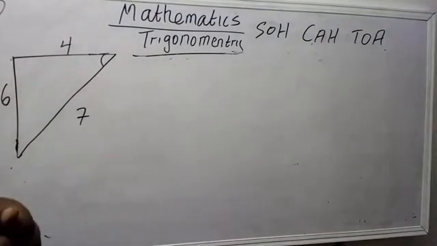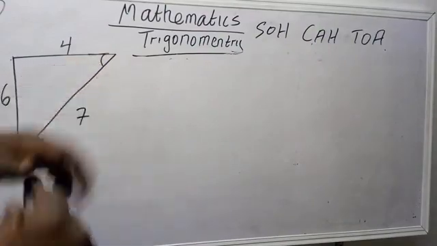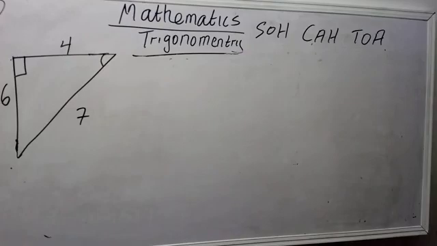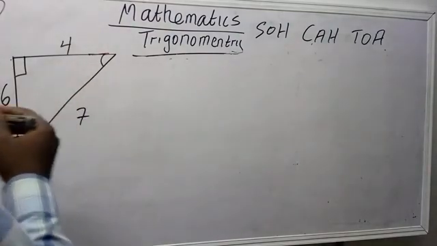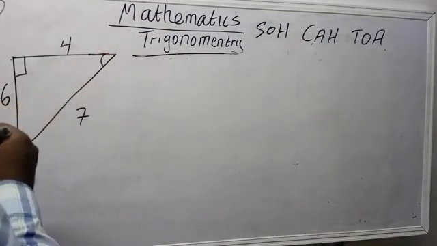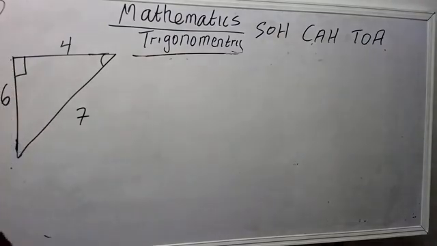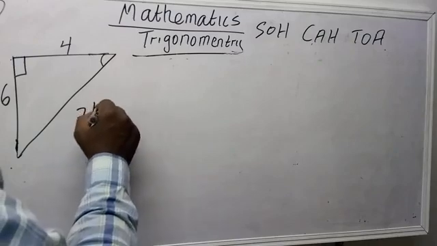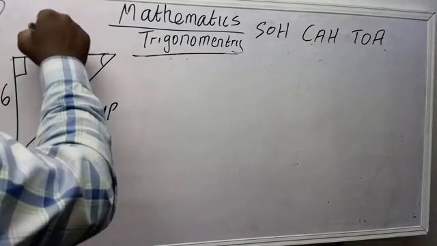This is a right angle triangle, 90 degrees. Anywhere this angle is facing is always called the opposite. This is the hypotenuse. And this is the adjacent.